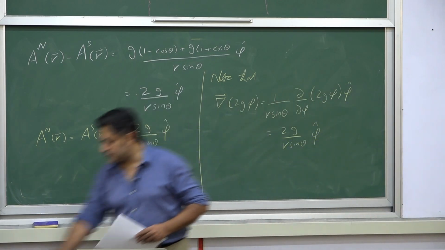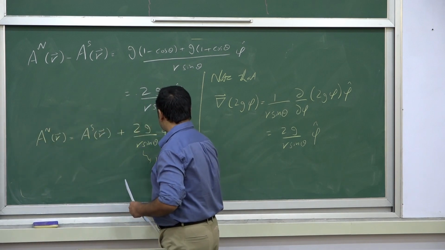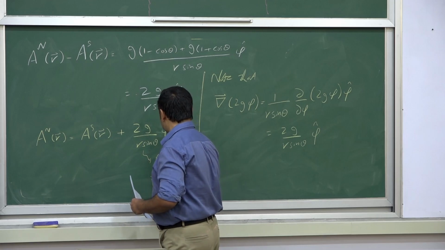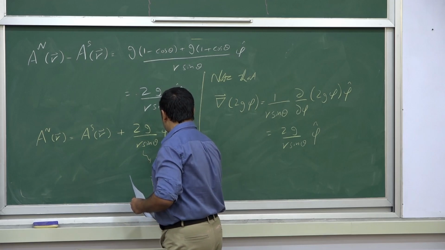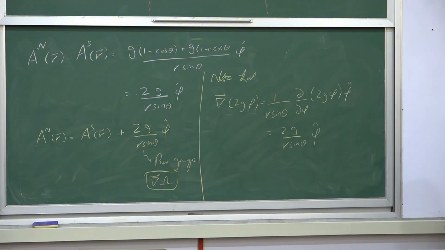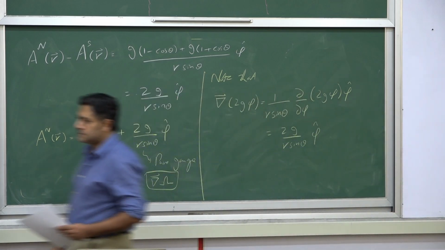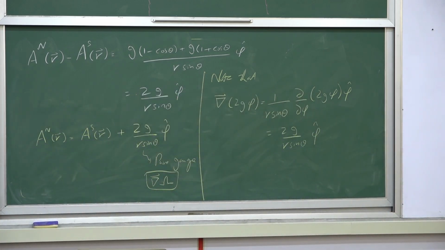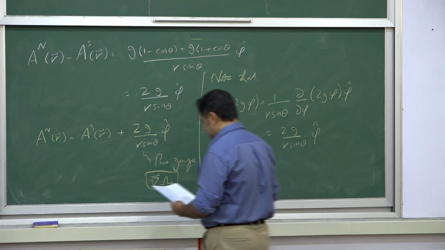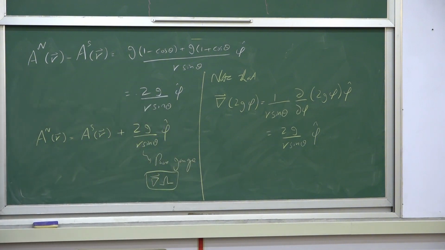So this is a pure gauge. Pure gauge means a field which is the gradient of a function.